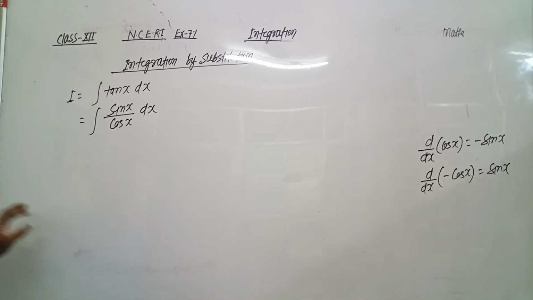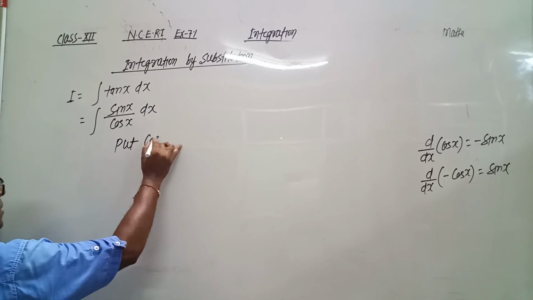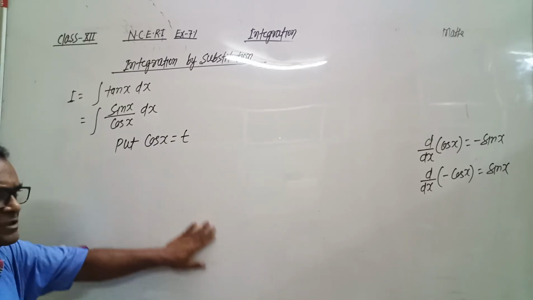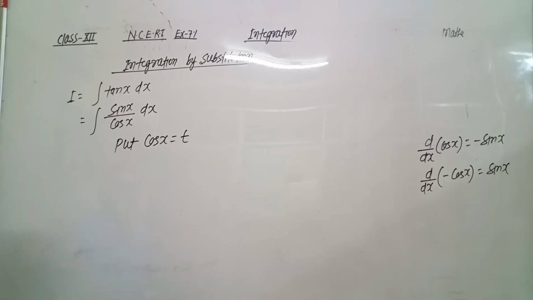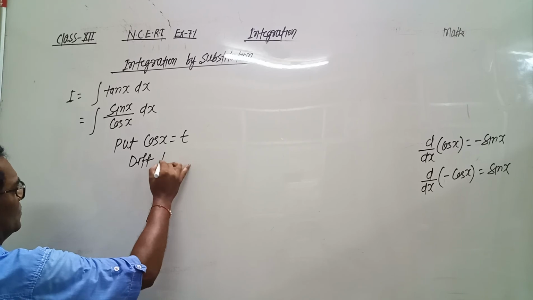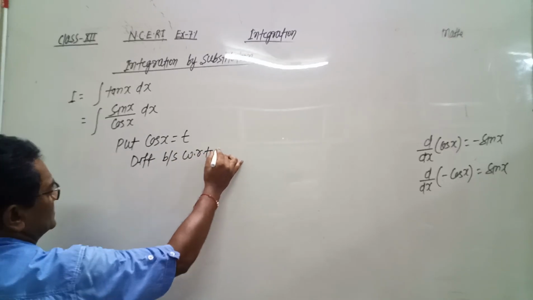So we put cos x equals t. And we differentiate both sides with respect to x.